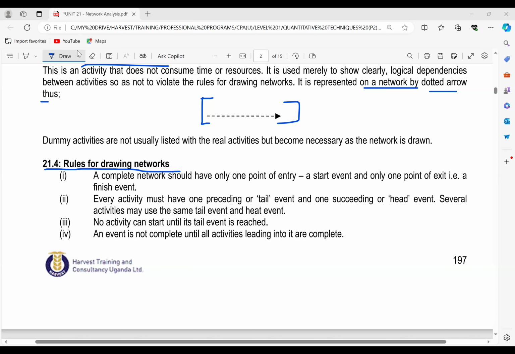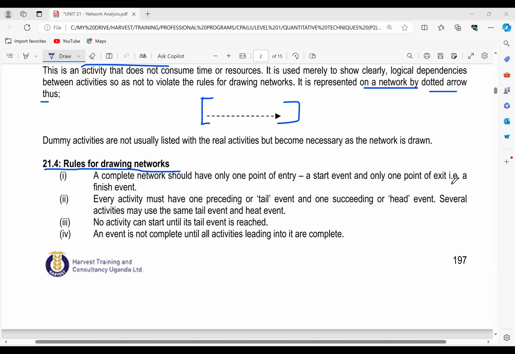We always begin with a circle, end with a circle, and ensure that all the activities, the forward moving arrows, are confined within the circles.